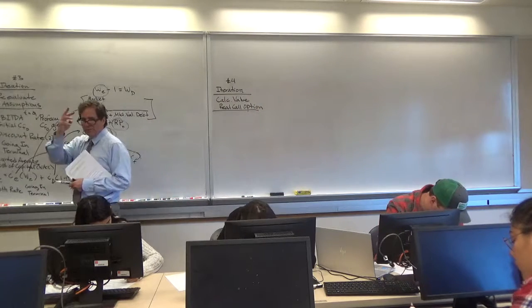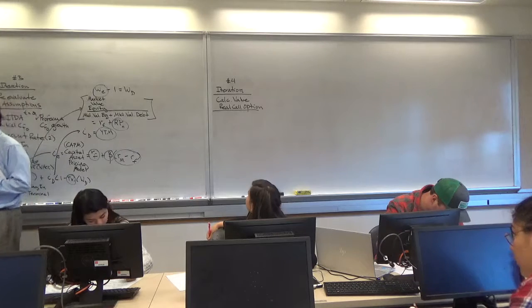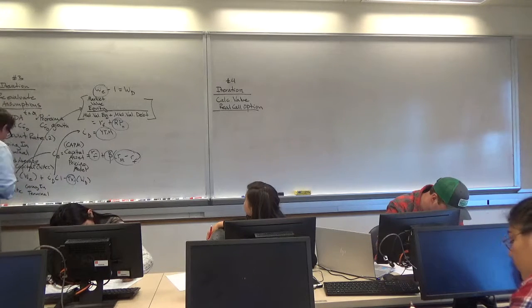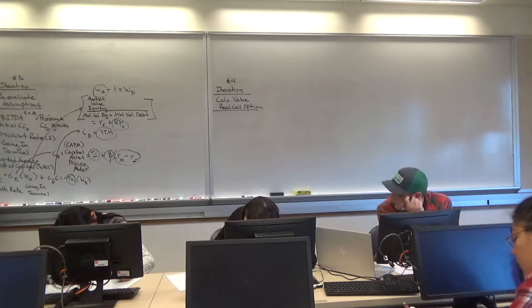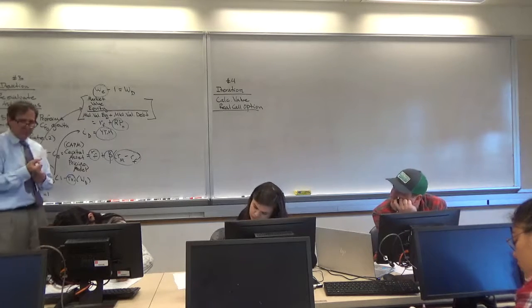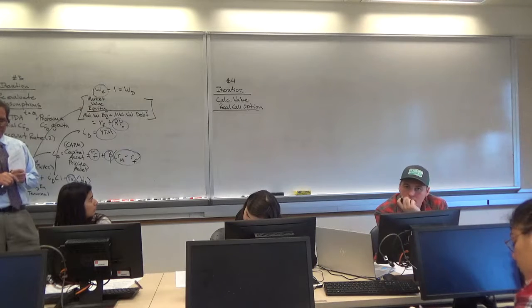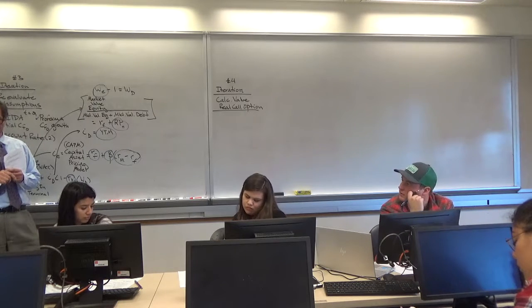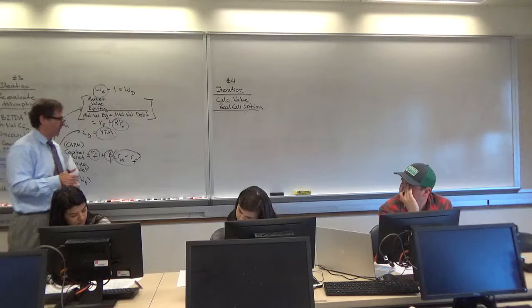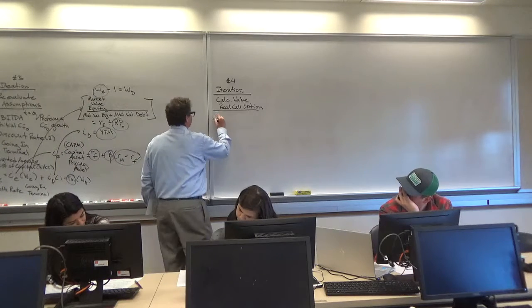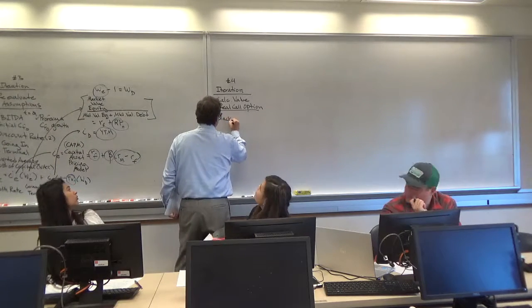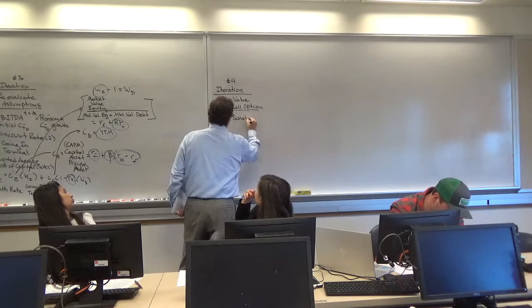What would be the two methodologies, the two mathematical models, that you would use to calculate the value of a real call option? The Black-Scholes model. Got it.